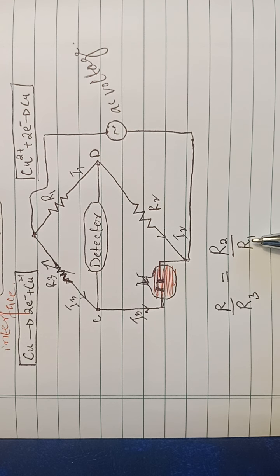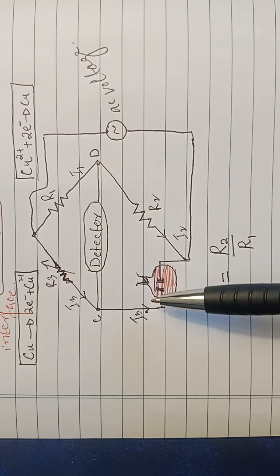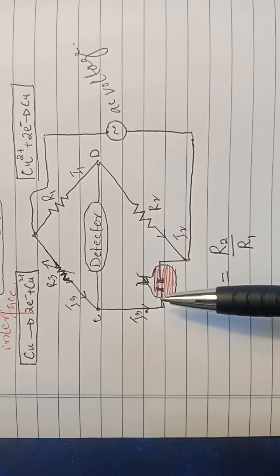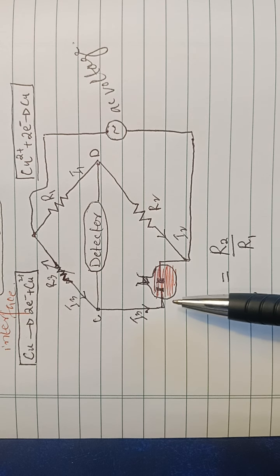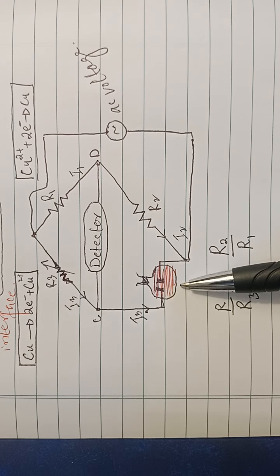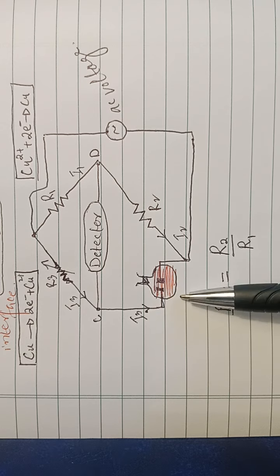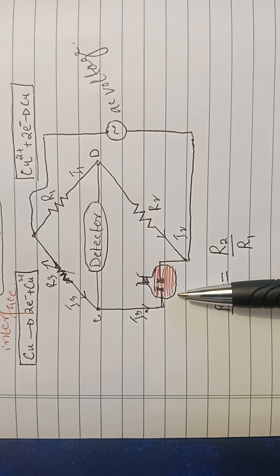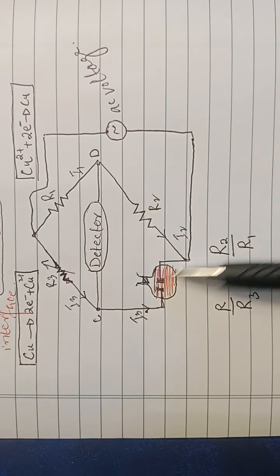This kind of cell is known as a Wheatstone bridge cell, and it has four resistances. One of the resistances is replaced by the conductivity cell, which is placed in one arm of this Wheatstone bridge.